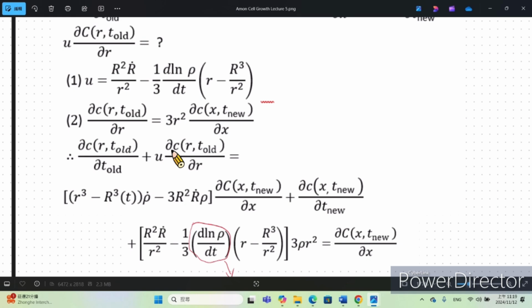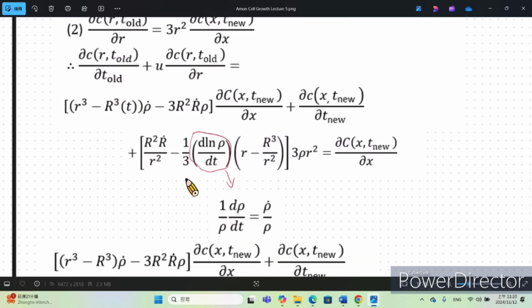Now, something I don't know: the natural log, d dt. What is this? This is 1 over rho. This becomes rho dot divided by rho.